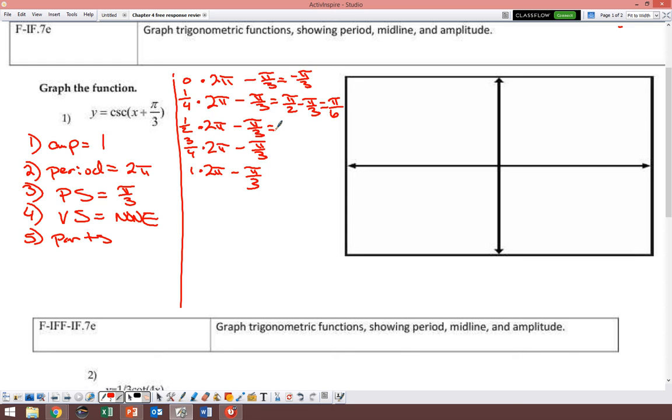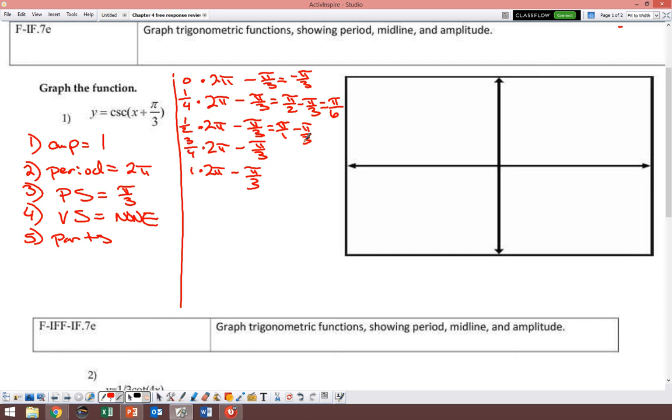Next one. All right, so half times 2 pi, just pi, right? So I have pi over 1. What's half times 2? 1, right? Yes. So we get 1 there. So it's pi over 1 minus pi over 3, which is going to give me 3 pi minus pi over 3.